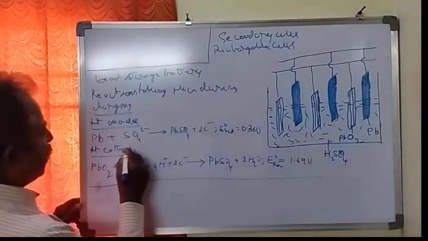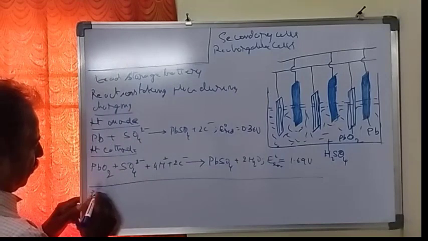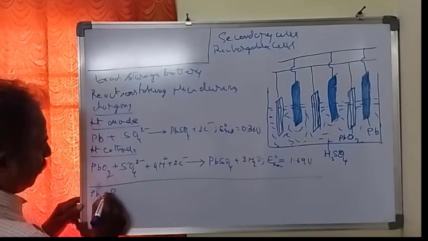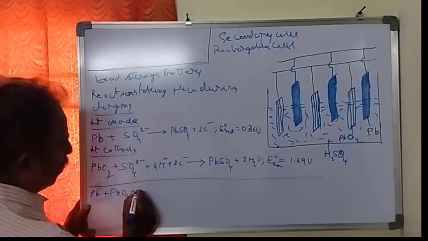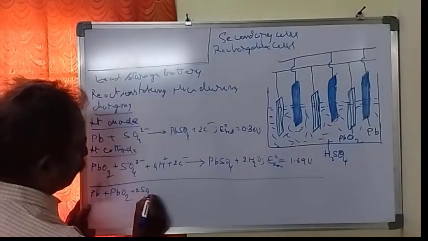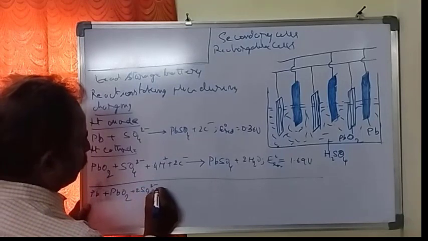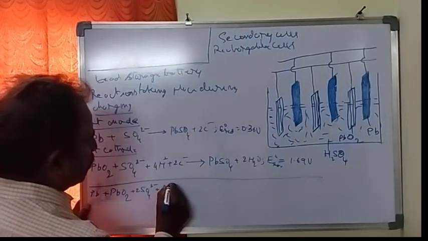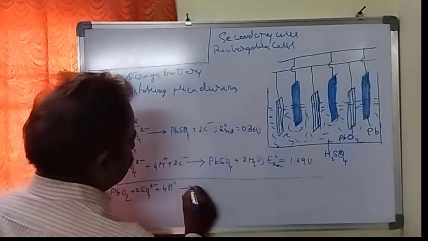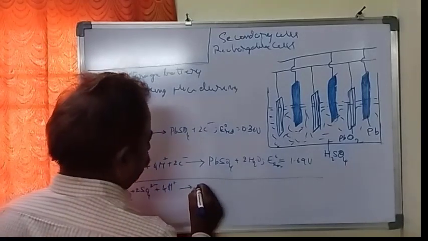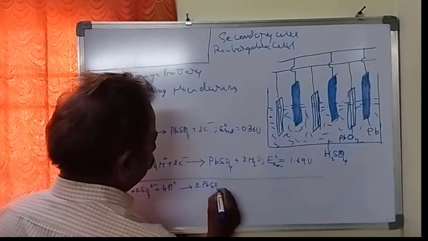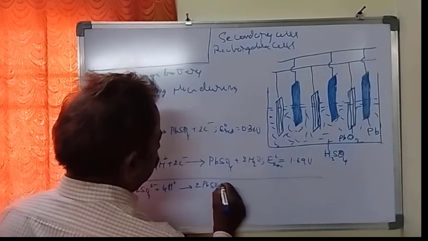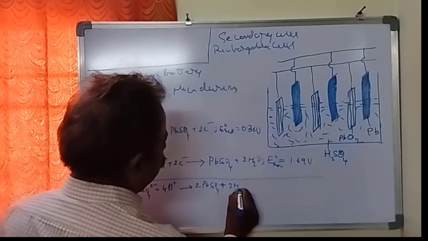Now the overall reaction is Pb plus PbO2 plus 2 sulfate ions plus 4H+ gives 2PbSO4 plus 2H2O.